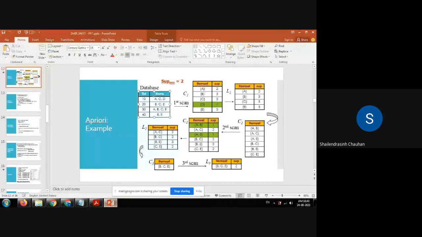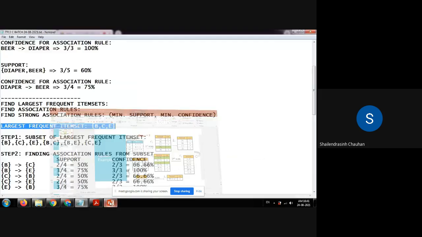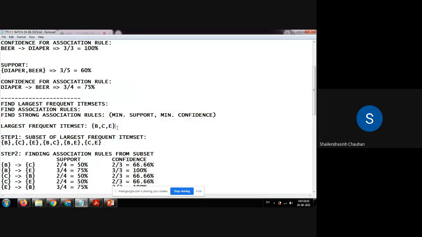This kind of table will be given. Minimum support, minimum confidence will be given, and you will be asked to find out association rules or strong association rules. Then you need to find out largest frequent item set first. Then you can find out rules and strong rules and all. I hope up to this all of you clear.